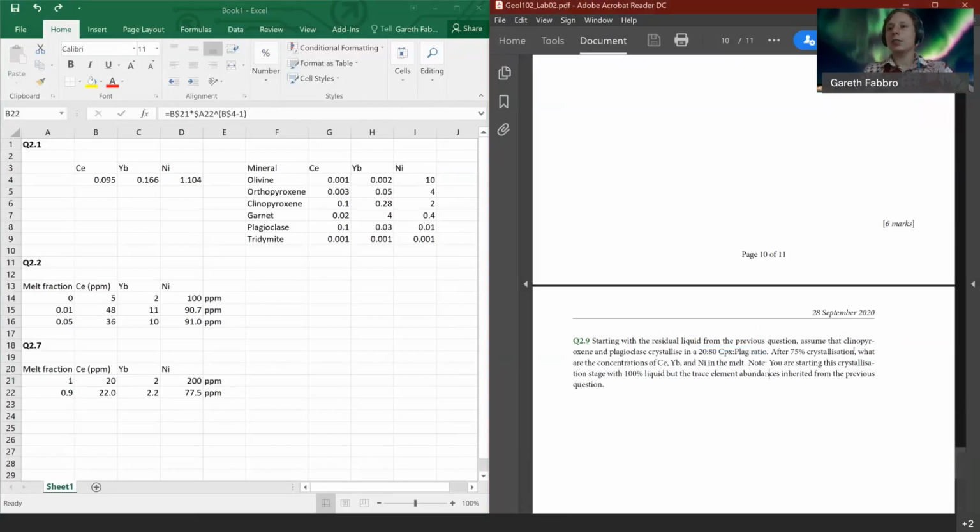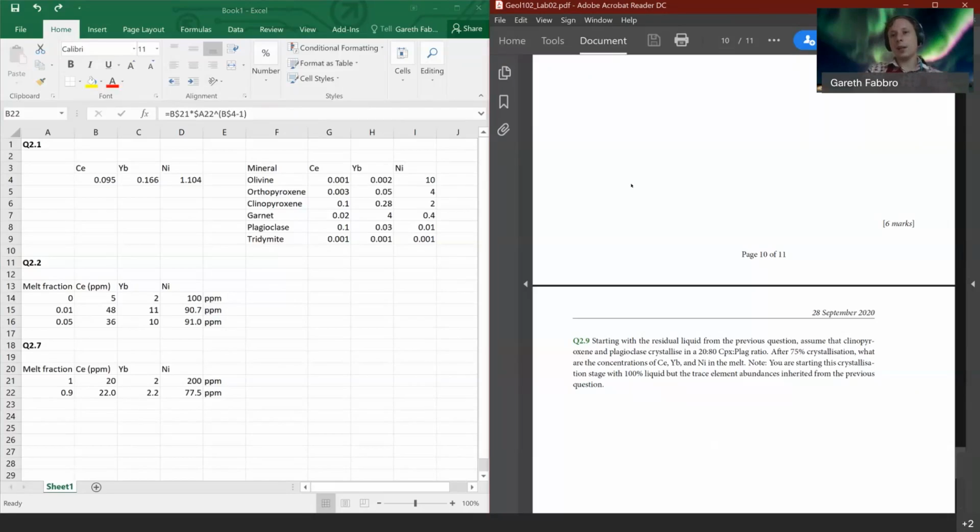And you want to calculate the concentrations of the three elements. So in this case, you take this as a brand new melt. You start from scratch again. You get an answer to question 2.8.